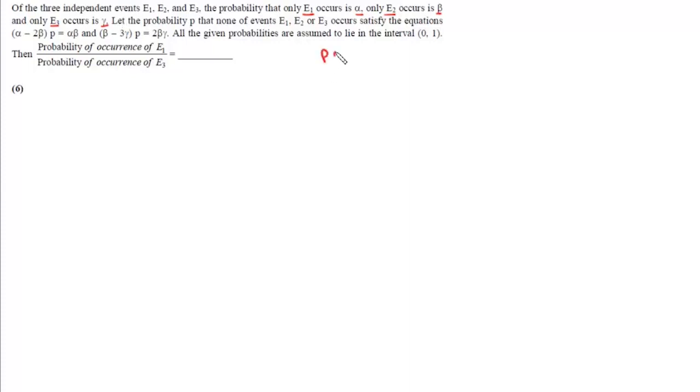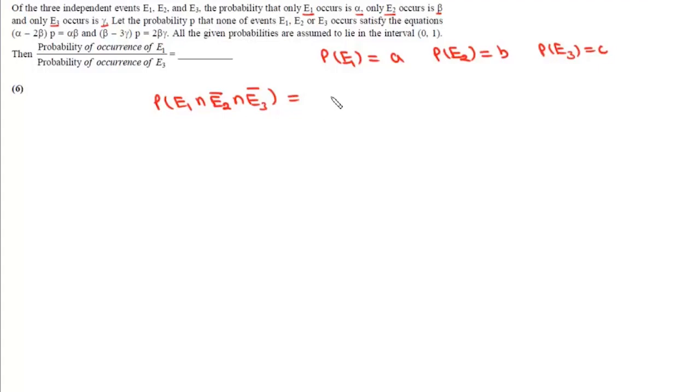Now say probability of occurrence of E1 is A, probability of occurrence of E2 is B, and probability of occurrence of E3 is C. Now the first one is only E1 occurs, that is P of E1 intersection E2 not intersection E3 not. Now they are independent events.